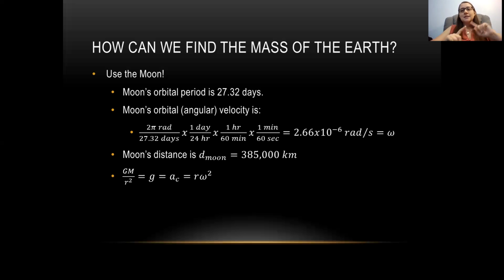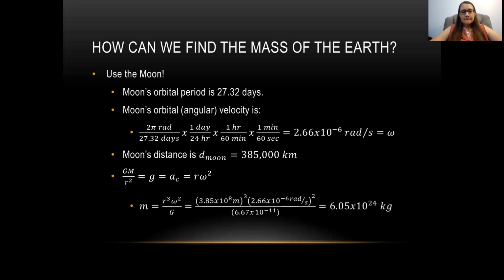And remember that distance is from their centers, not from their surfaces. Then we set that equal to an equation for angular acceleration, which is r omega squared. So we can figure out the mass of the Earth, I'm sorry, not the Earth, the mass of the moon.